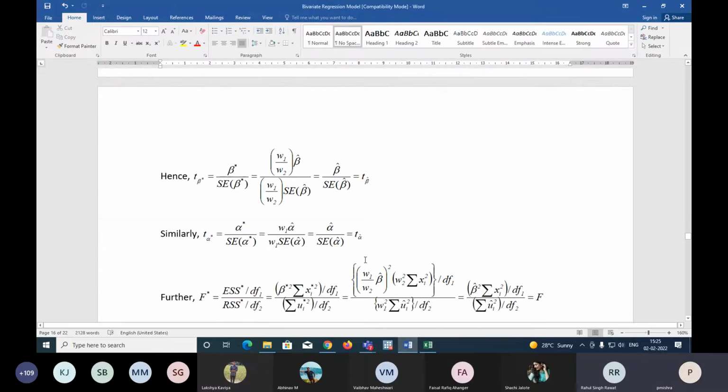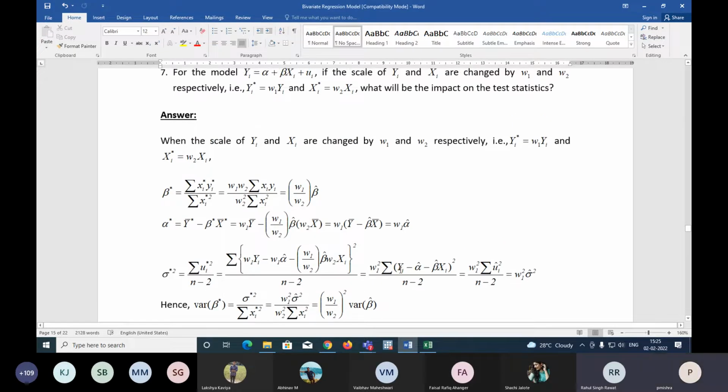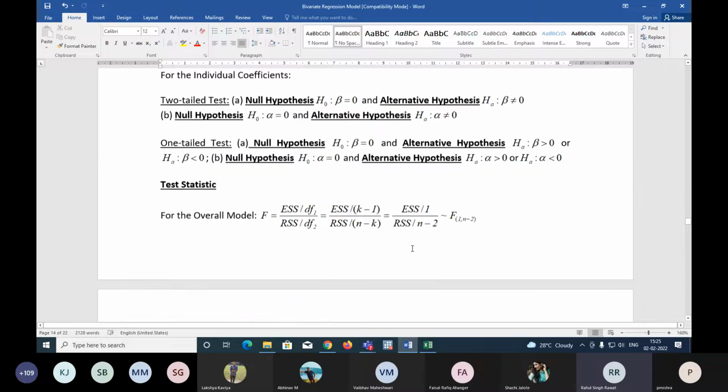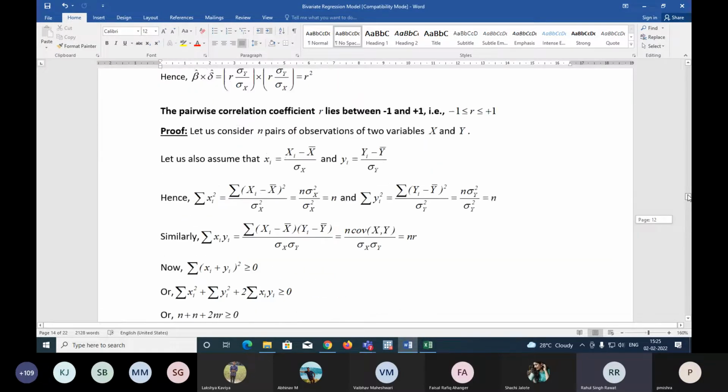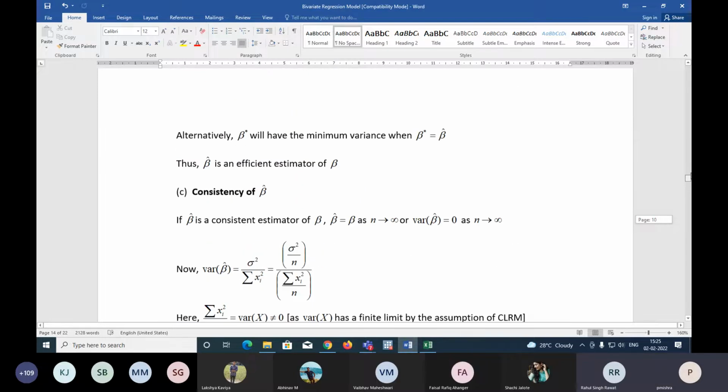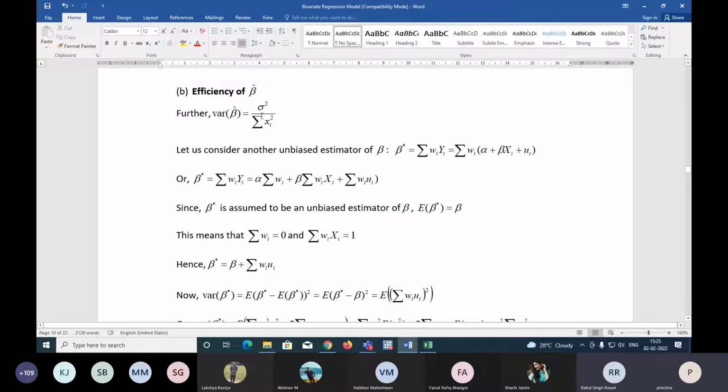I am talking about what we discussed earlier, in one of the classes, about the variance, sigma square over summation of small xi square. As I said today, we don't know sigma square.